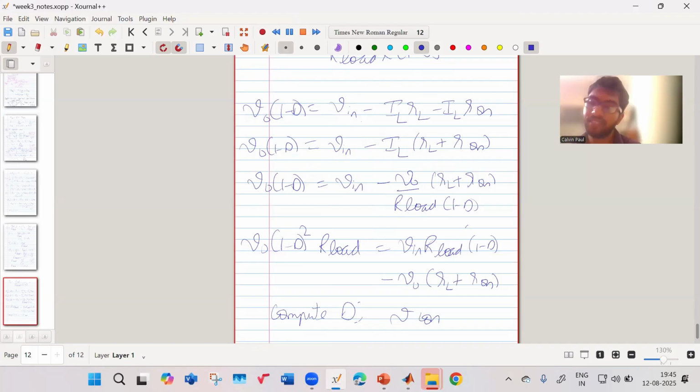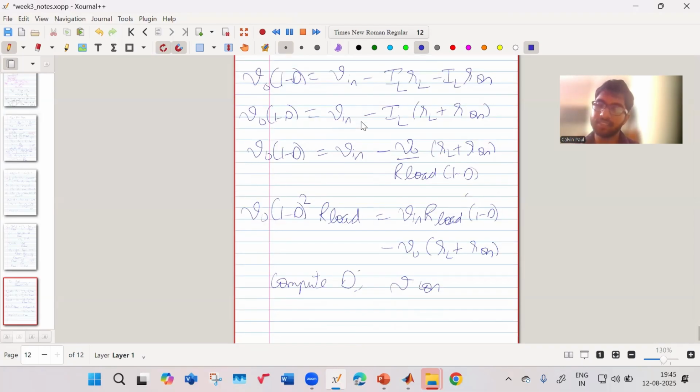But here we are necessarily considering the parasitics, so it will be 1 by 1 minus D into some factors. Okay, no, you see over here, the thing is, we know what is V output. We know all this. We only don't know D.